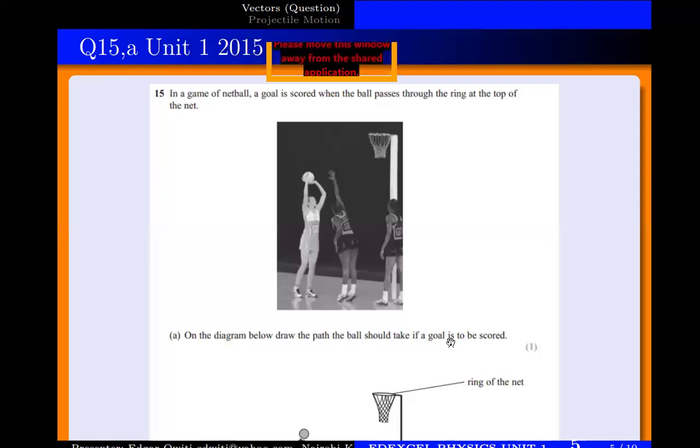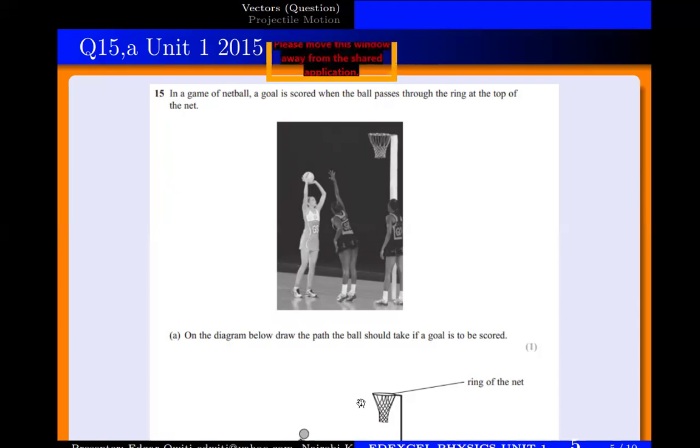Somebody has to throw the ball to pass through that ring for a goal to be scored. On the diagram below, draw the path the ball should take if a goal is to be scored. So definitely, you have to draw a curve, and that curve should end up inside the ring.